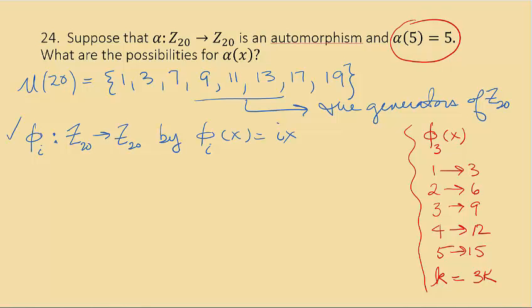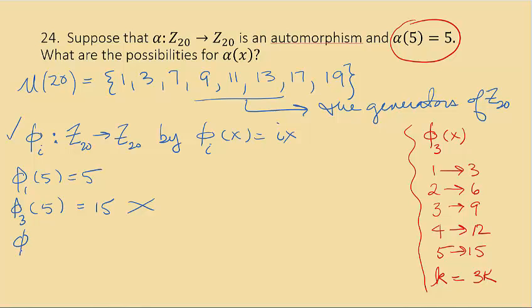So all we have to do at this point is just check the different mappings, what they do to 5. So we know that, of course, phi1 of 5 will be equal to 5, because it's the identity map. Phi3 of 5 is 15 mod 20. So that's no good. We only want the ones that map 5 to 5.